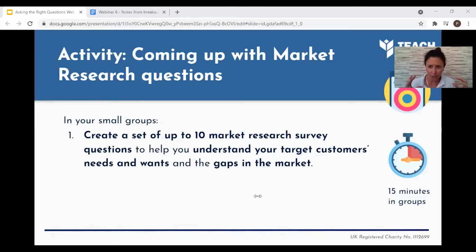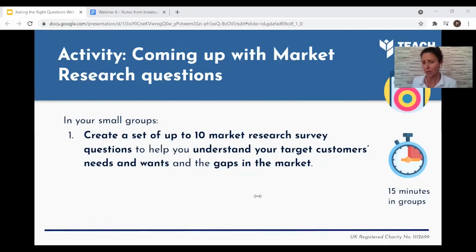So you are going to work in your group of 6, coming up with at least a set of 10 market research survey questions to understand your target customers' needs and wants. And remember to think about how you can use your prototype in your market research, right? We covered right at the beginning of the session why it's important to prototype.